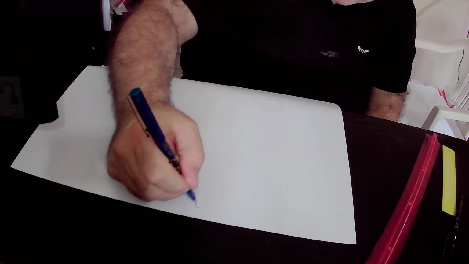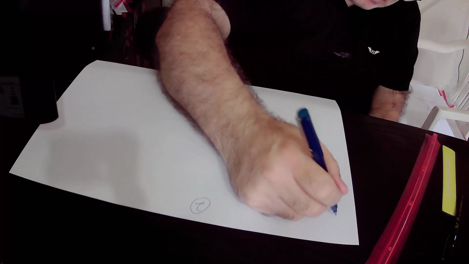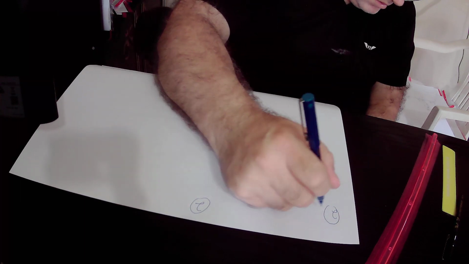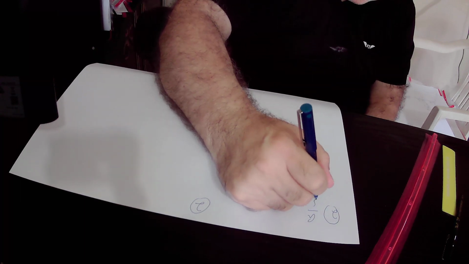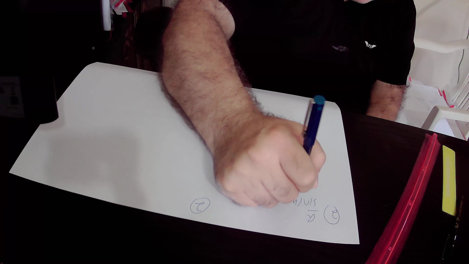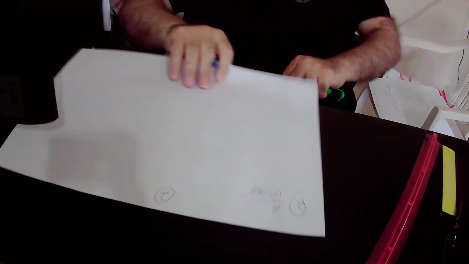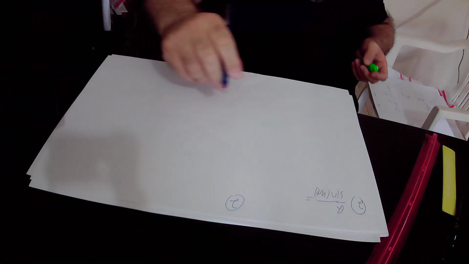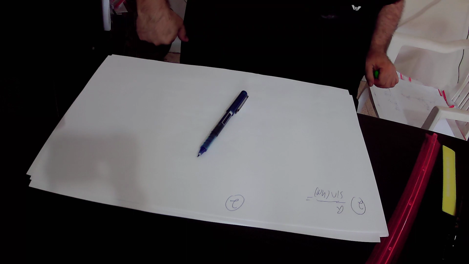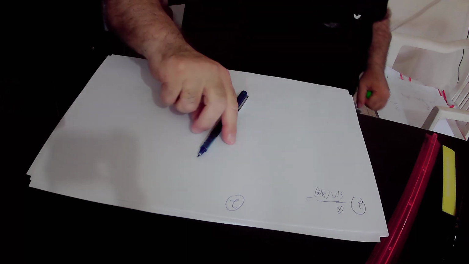According to equation number 2, a over sine 40 degrees is equal to k.